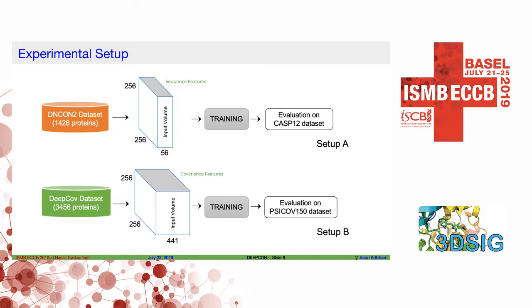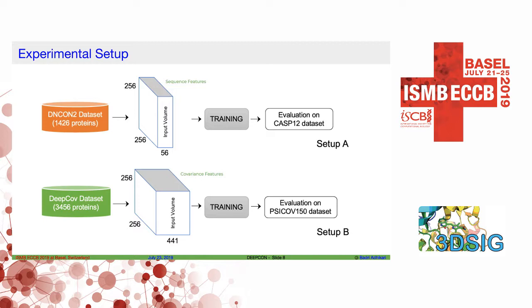There are two kinds of features in the field of contact prediction that we have recently been using. One I call the sequence features, where you predict things like secondary structure, solvent accessibility, and sequence profiles from the sequence, and then obtain various channels to be fed to the deep learning model. The next category uses the multiple sequence alignment as input and directly calculates features such as covariance and precision matrices.